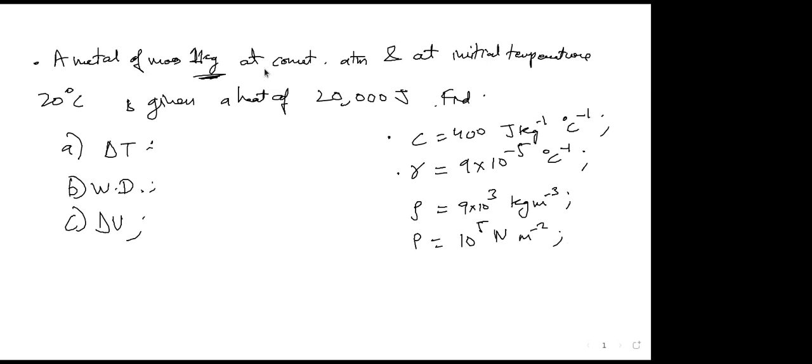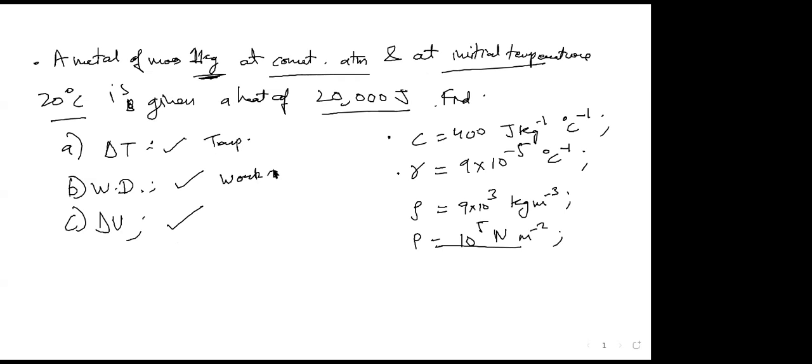So you're given the mass at constant atmospheric pressure, which is given to be this, and at initial temperature, which is given to be 20 degrees Celsius, is given a heat of 20,000 joules. इसका density आपको सारी चीजें दी हुई हैं, आपको change in temperature निकालना है, आपको work done निकालना है, और change in internal energy निकालना है. This is temperature, this is work done, this is change in internal energy.